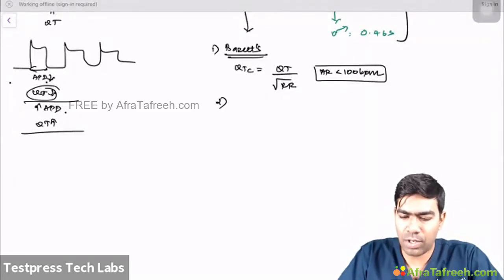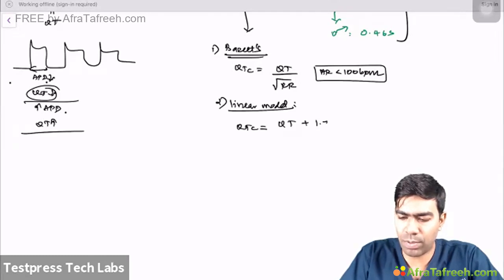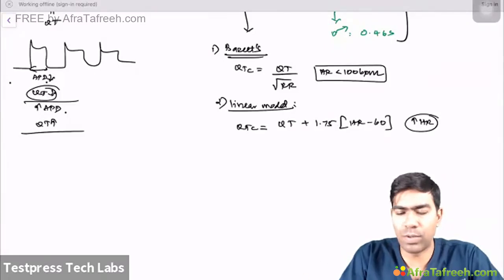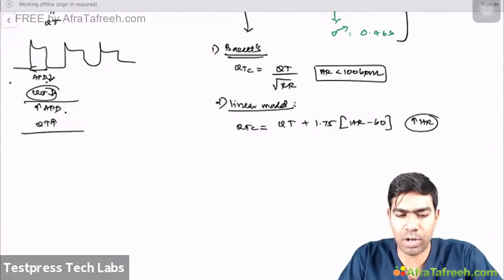Apart from that, you have the linear model equation, which tells QTc is equal to QT plus 1.75 into heart rate minus 60. This will be okay for higher heart rates. Whenever you want to calculate QTc for a higher heart rate, this linear model may be useful. But for all practical purposes in the exam, they will be asking only Bazett's formula.